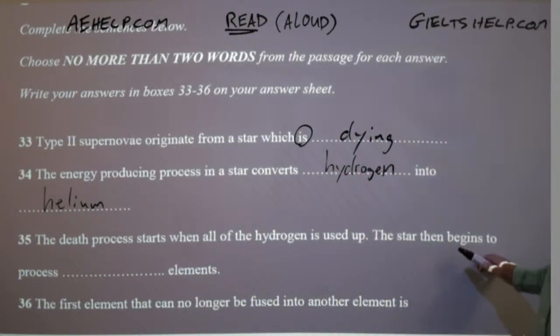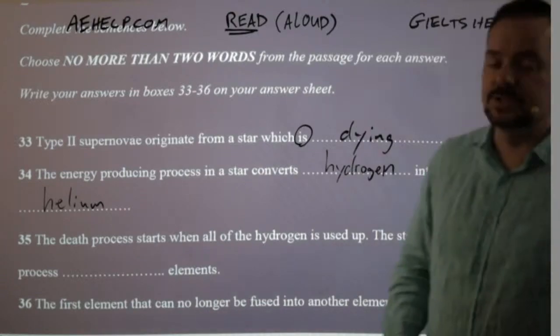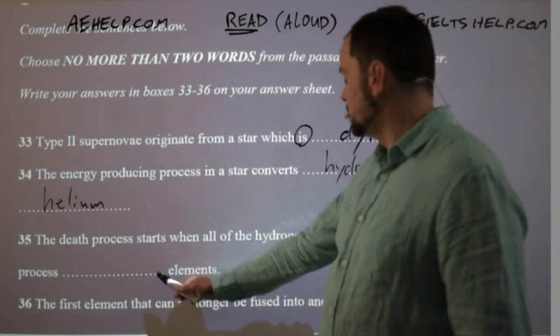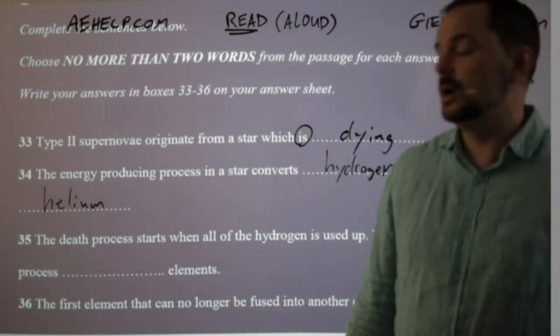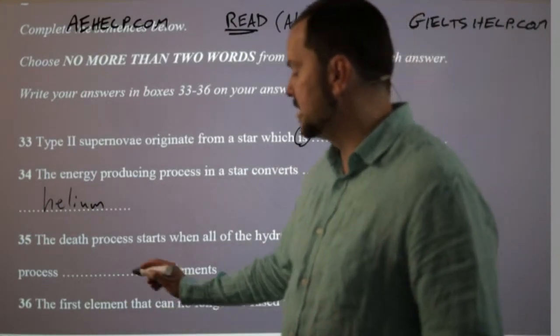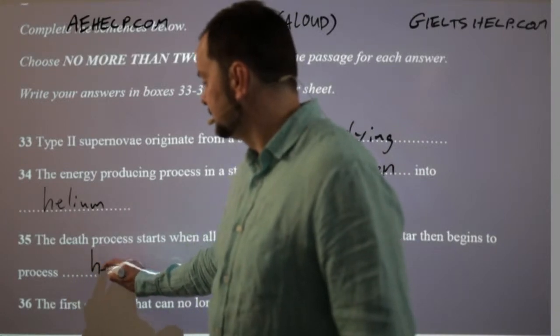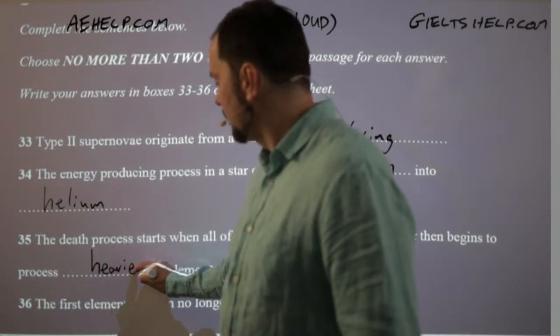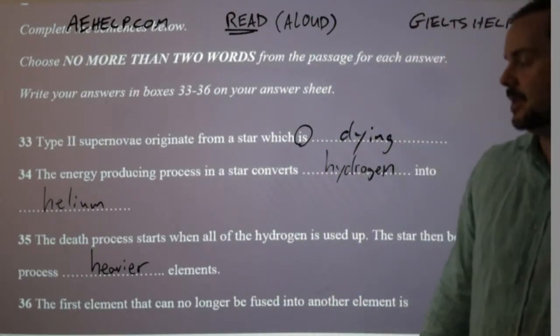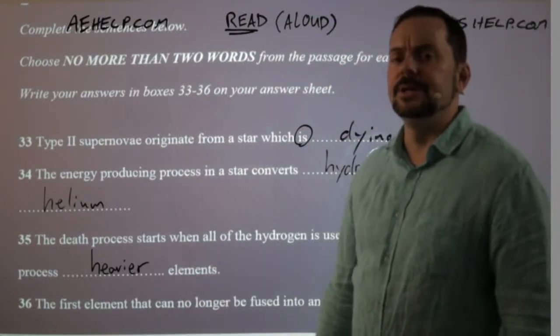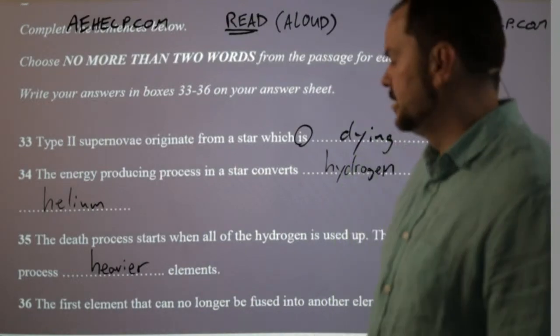All right, the death process starts when all of the hydrogen is used up. The star then begins to process what? So all of the hydrogen is gone. After the hydrogen is gone, the star begins to process the heavier elements. I remember heavier elements like carbon and neon.